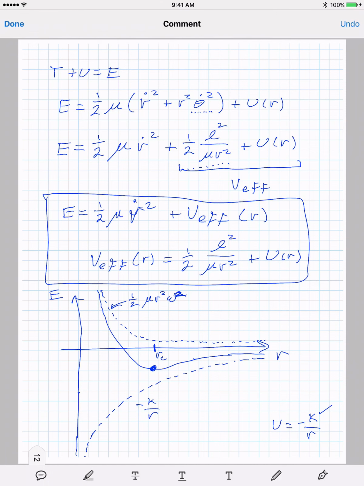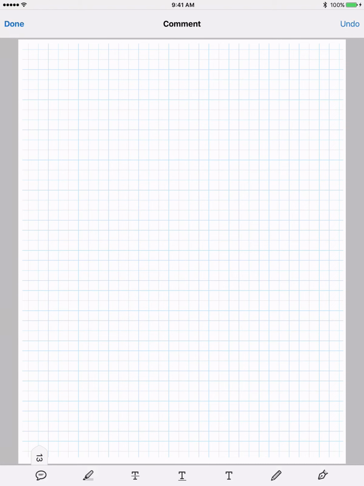All right, so let's actually do that next. So let's look at the circular orbit. And so this is when we're at E min. All right, so it's a circular orbit, at E min. It's the minimum in the effective potential, and then it's also at this R sub c. So let's actually go ahead and solve for R sub c.